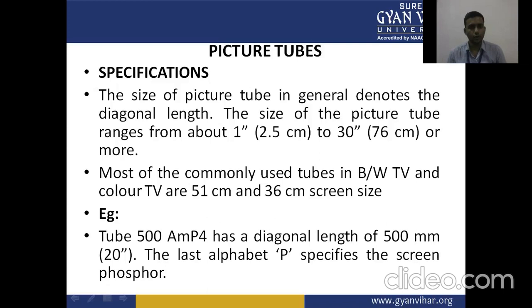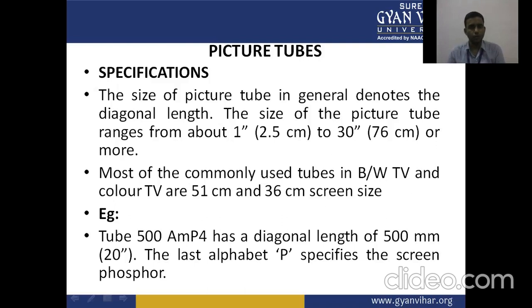Most of the commonly used tubes in black and white TV and color TV are 51 centimeter and 36 centimeter screen sizes. The tube 500 AM-P4 has a diagonal length of 500 millimeters.